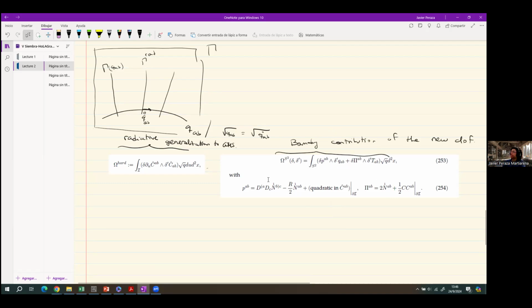And this structure of having a boundary term for the symplectic form can be seen also in Yang-Mills. For example, if you go to the notes and see the Yang-Mills part, the extension of Yang-Mills, you will see again the same thing. You will have the radiative part generalized to the new free fields, because now you are allowing for extra boundary conditions, plus some corner term.